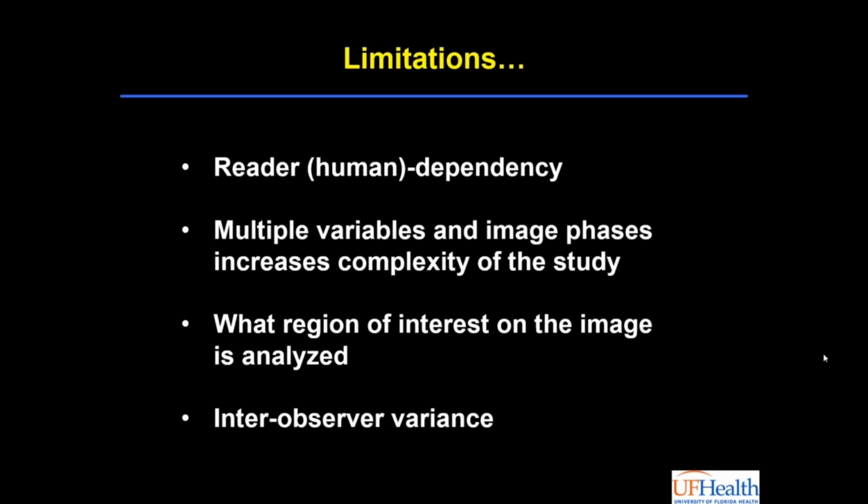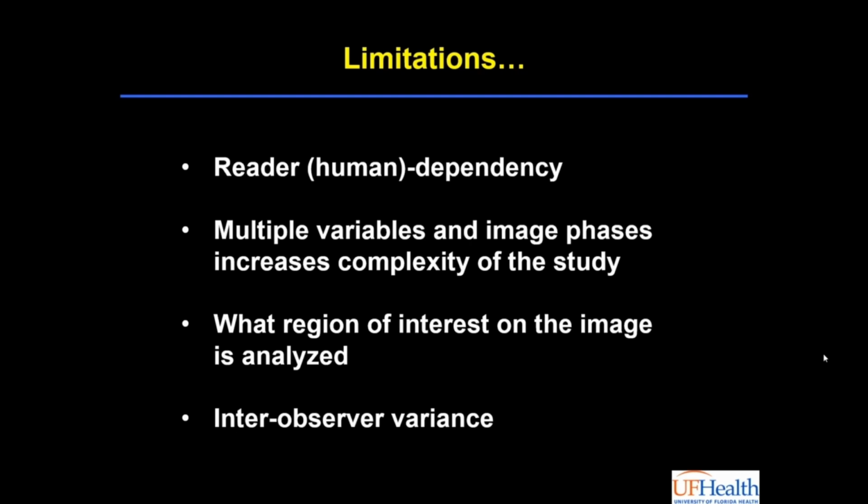So the limitations of cross-sectional imaging is that there is a reader, or if you want to use the word, human dependency to this, and that's hinting at, we're going to talk about some computed algorithms or artificial intelligence algorithms. There's a reader dependency to cross-sectional imaging. Also, there are multiple variables and imaging phases that need to be read that increases the complexity of the study.